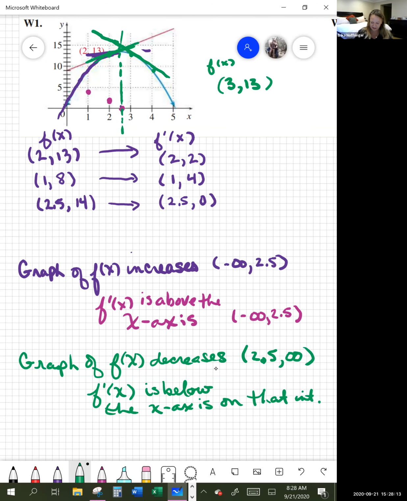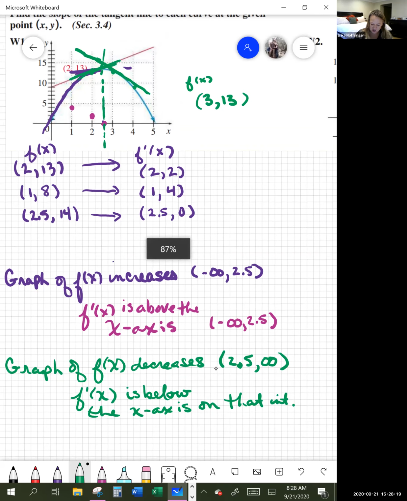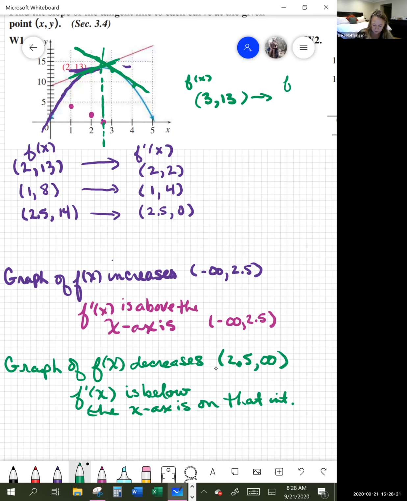So we can get an idea that at (3, 13), if I'm looking at my derivative function, the slope would have to be negative because it's decreasing. So at 3, I have negative 2. It's about right here.